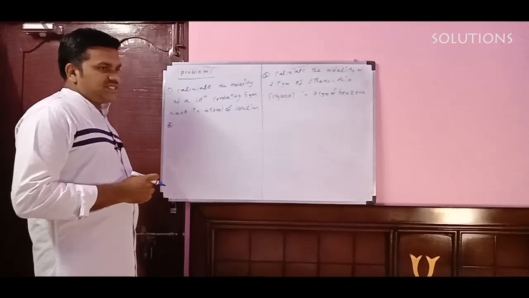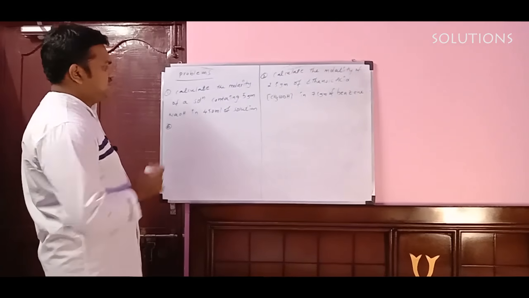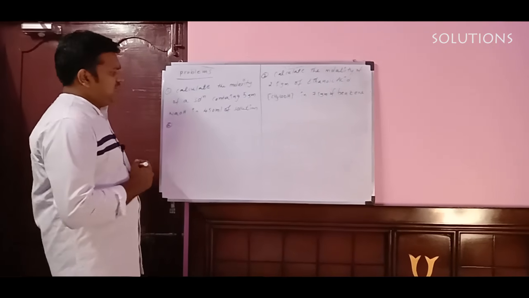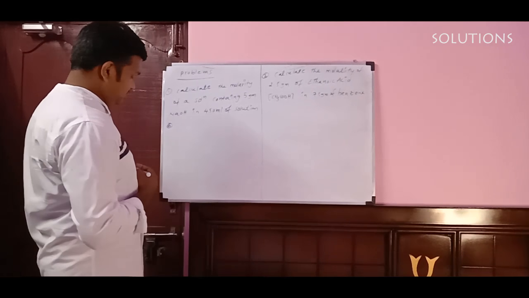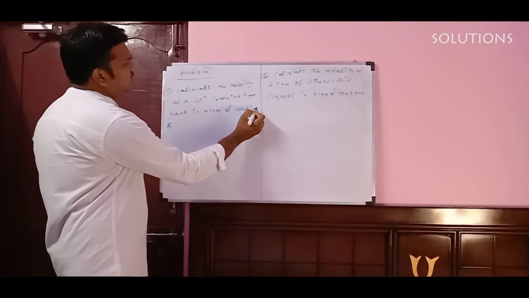Now we can see some problems related to these concentration terms. I already wrote one problem on the board. Calculate the molarity of a solution containing 5 grams of NaOH in 450 ml of the solution.